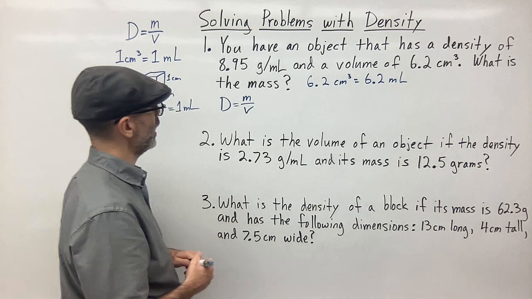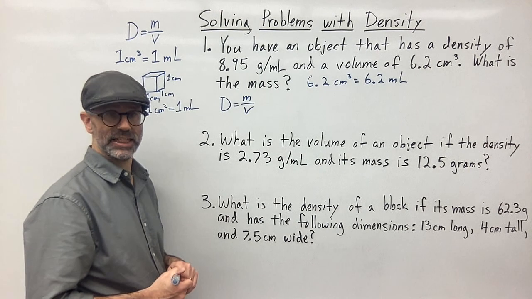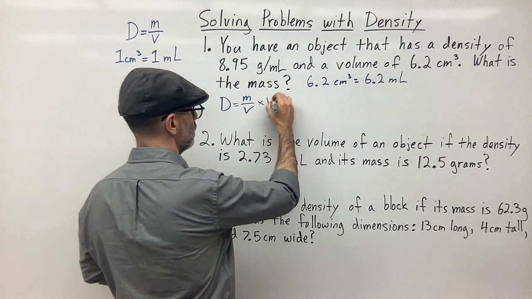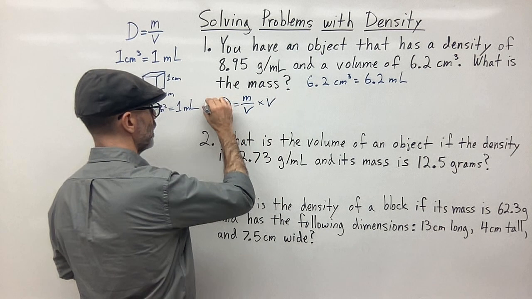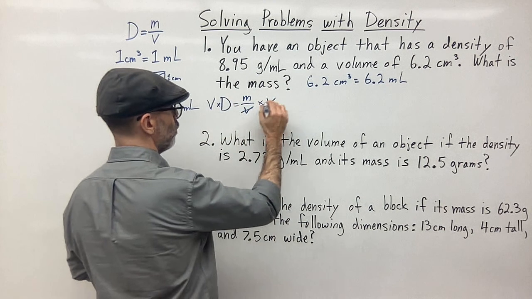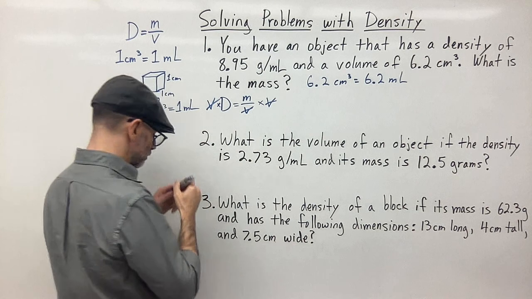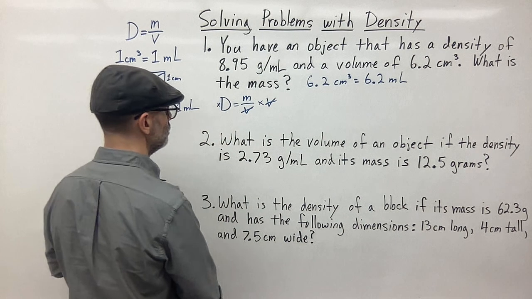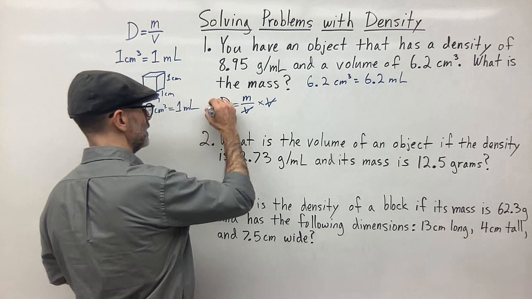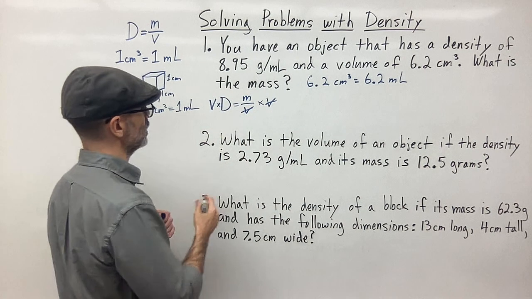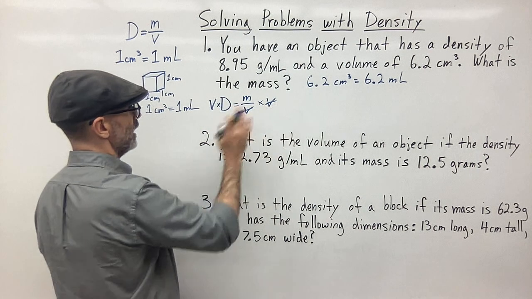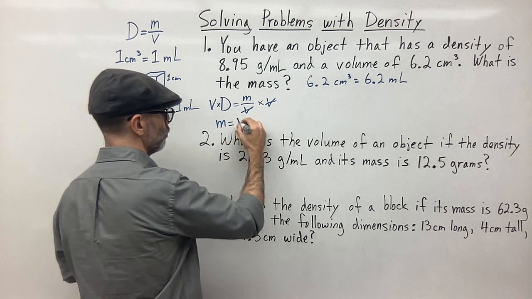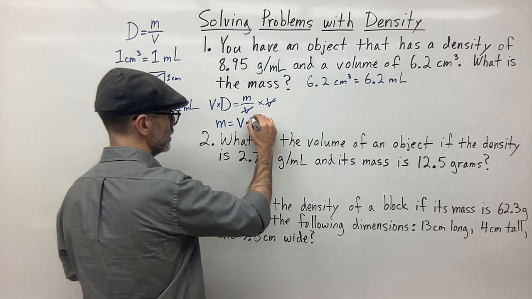The way I'm going to do that is by multiplying both sides by the volume, V. So the volumes cancel out, and what I'm left with is mass equals volume times density.